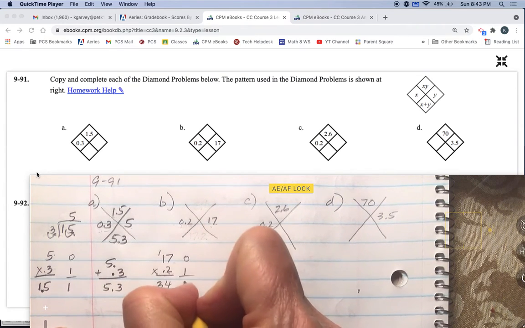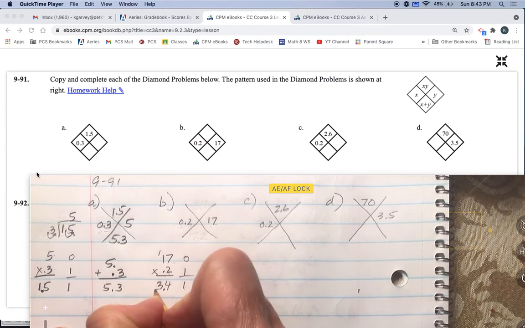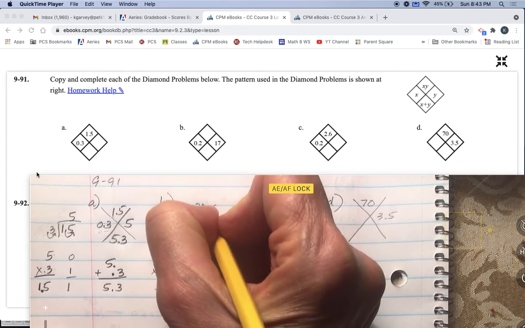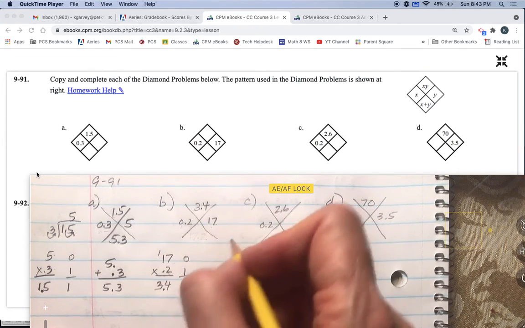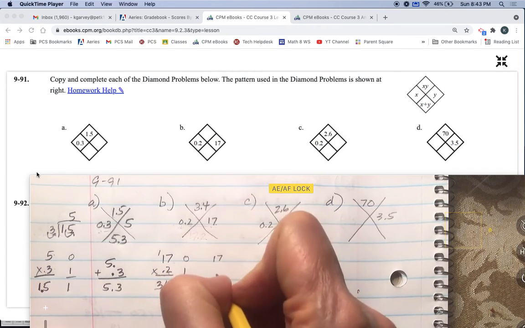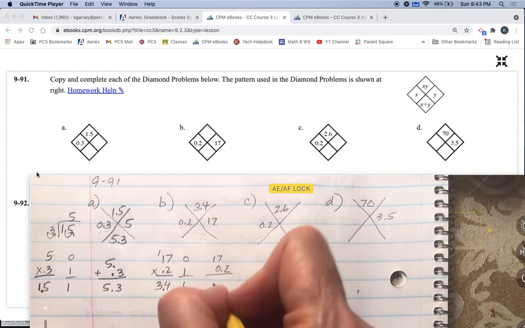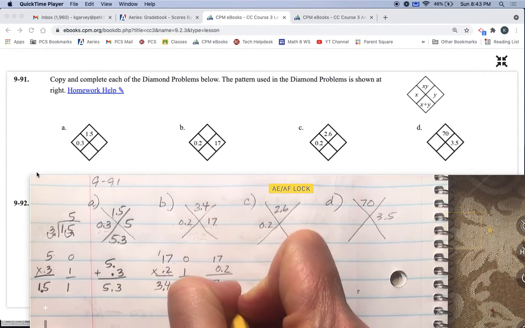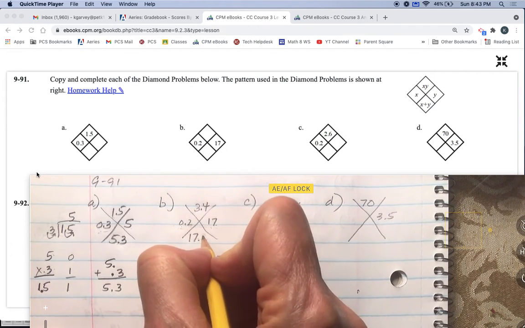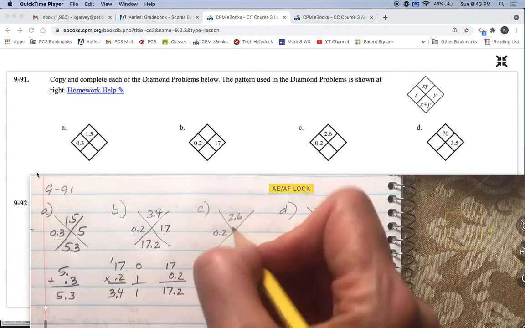Then we see how many digits are behind the decimal point, and it's got to be 1, so 3.4. That is our product, 3.4. Then, when we're adding, you line up the decimal points again, and we would get 17.2 as the sum. Okay, so let's do the next one.